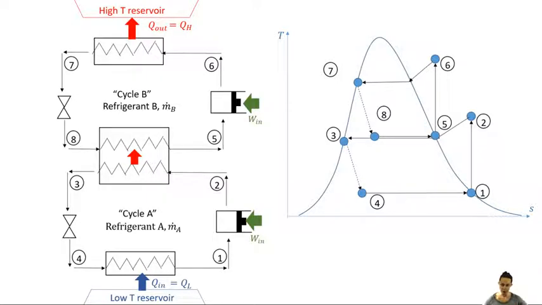In your evaporator, which is at the very, very bottom, the refrigerant that's passing through there is passing through at a constant pressure. And it's also going through a constant pressure phase change. So the temperature is constant as well.